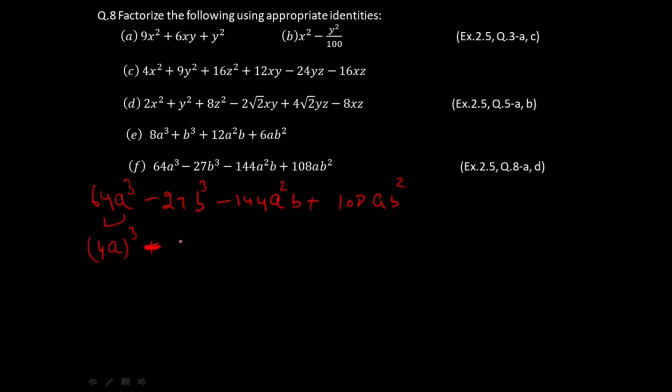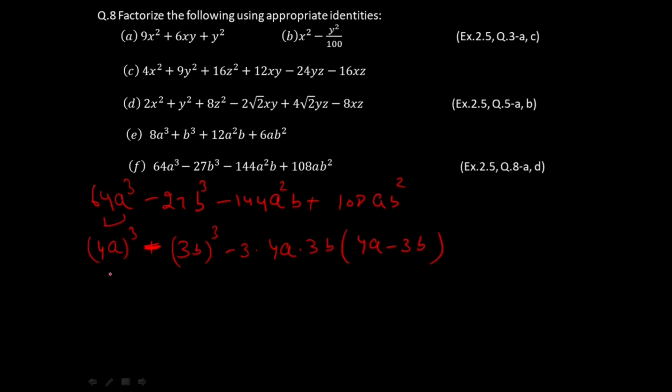A cube minus b cube, this is the cube of 3b. A cube minus b cube, now don't see this part. A cube minus b cube minus 3a times b, a minus b. See, this is a, that is b, the identity.